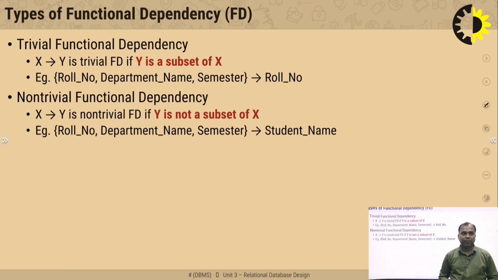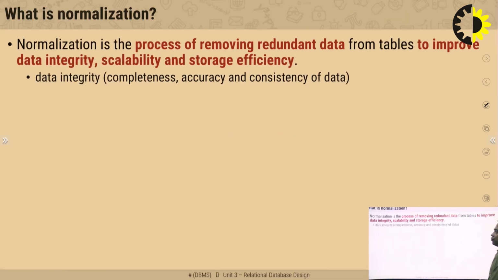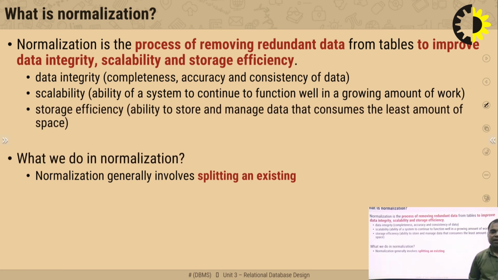This is one of the important topics of database management system: normalization, or in general, normal forms. So what is a normal form? Basically, it is the process of removing the redundancy of data from tables. With removing redundancy, we do not have to write or repeat the data several times, so we save our memory.